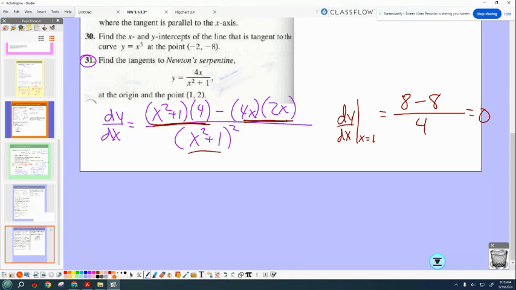Okay, so then Franco, what is the tangent line through this coordinate that has that slope of 0? Slope of 0 is a line like this.